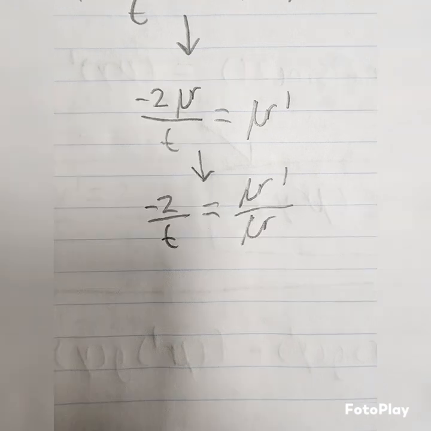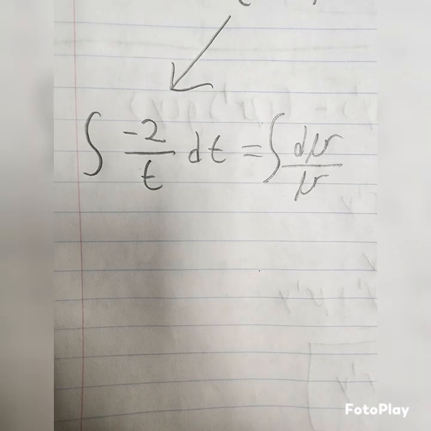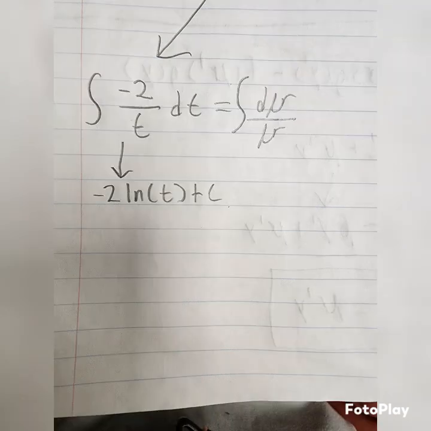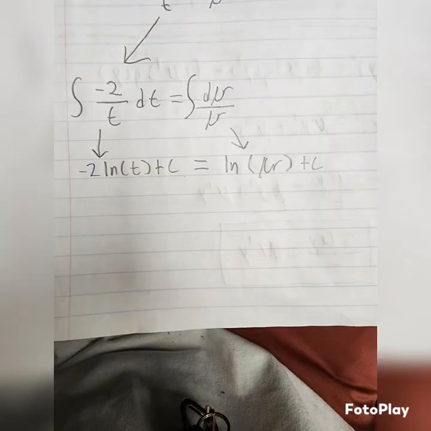So now you have negative 2 over t is equal to mu prime over mu. Now, since you only have two variables, you can integrate with respect to t and mu. For t, negative 2 over t dt is going to simplify to negative 2 ln of t plus c. And for mu, d mu over mu, the integration of that is equal to ln of mu plus c.